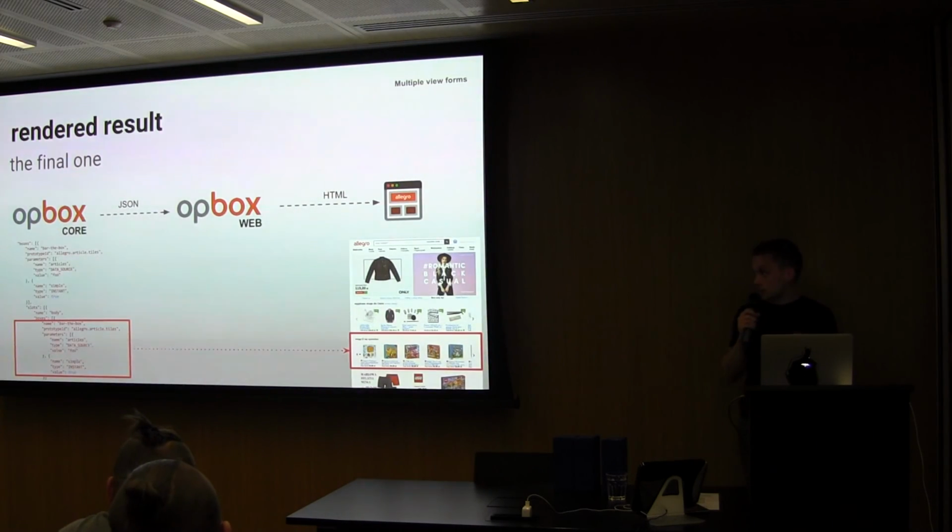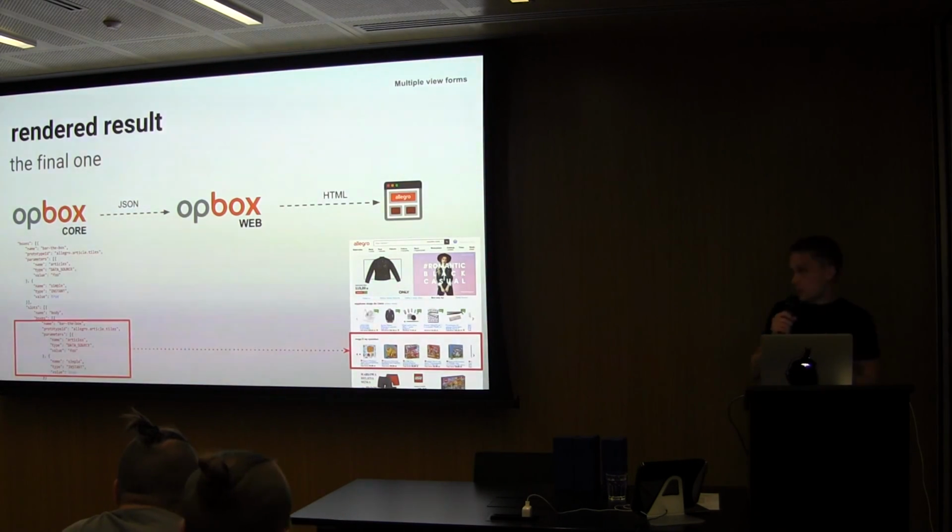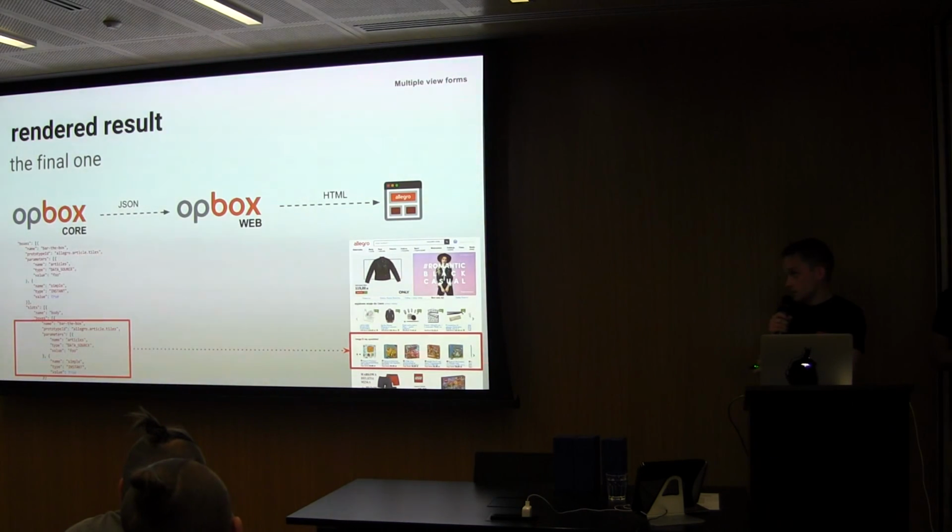And to render the whole page, opbox web breaks down all the page definitions, this tree of boxes, into single boxes, and then, box by box, part by part, it uses components to process them into final markup, which is then integrated into a whole page.